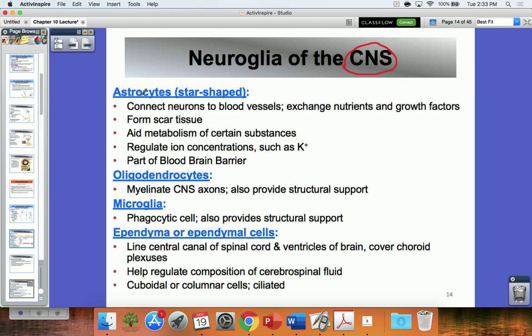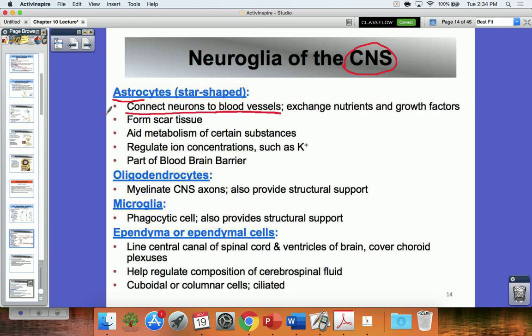Astrocytes are called astrocytes, astro because it's a star shape. Astrocytes are going to be responsible for making sure that it gets its nourishment. Okay, so it's going to be connecting it to blood vessels.